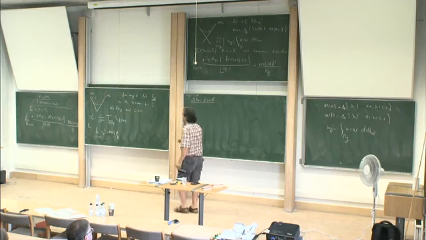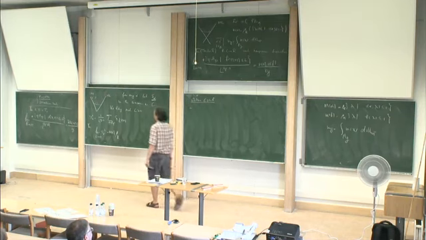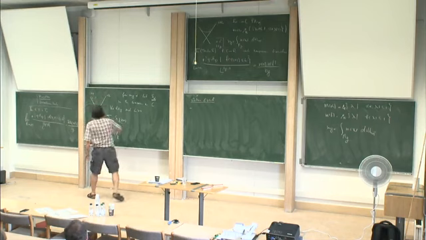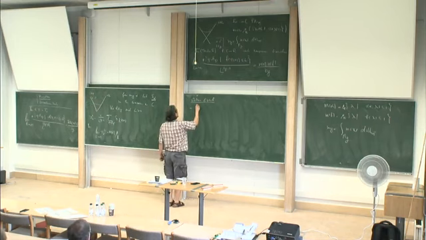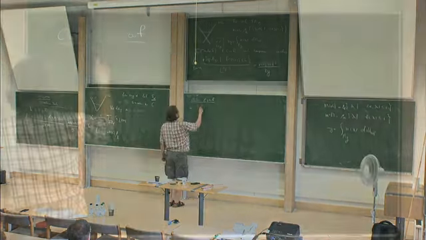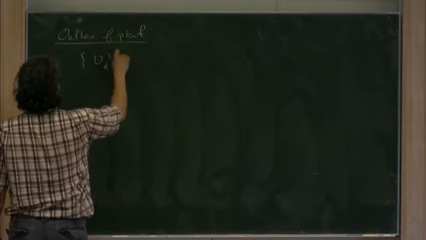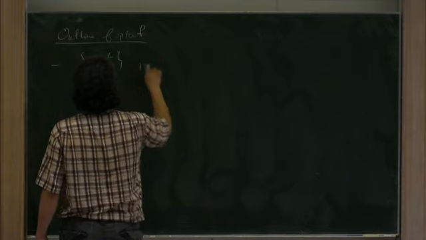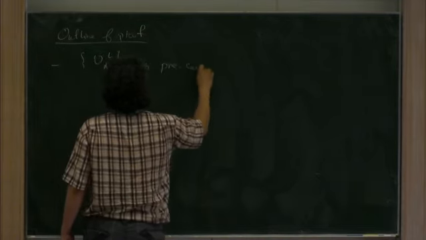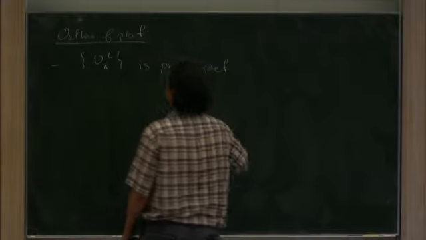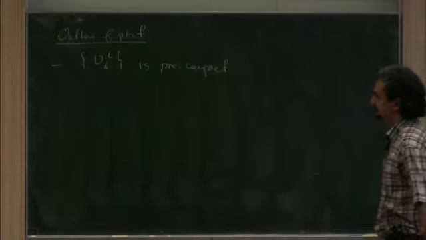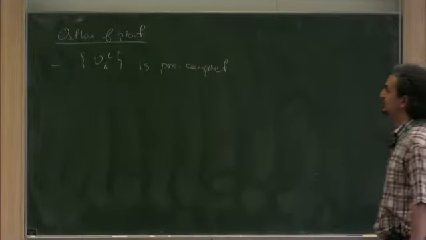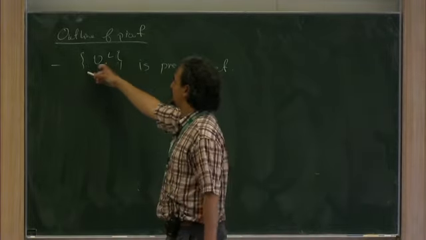The first thing is you have to prove this guy doesn't blow up. So the family mu alpha L is precompact. This is true for the following reason.